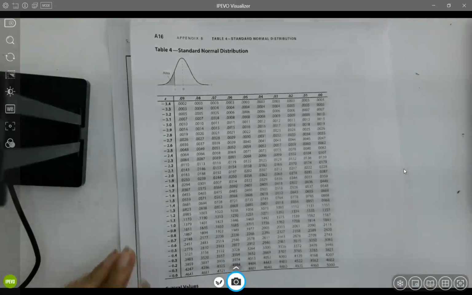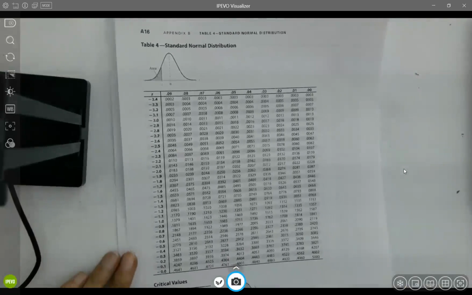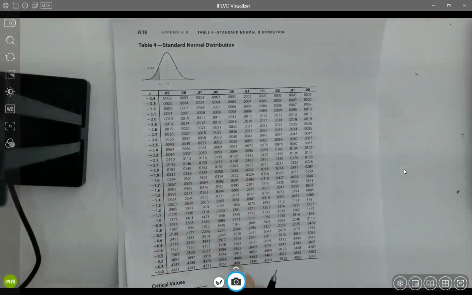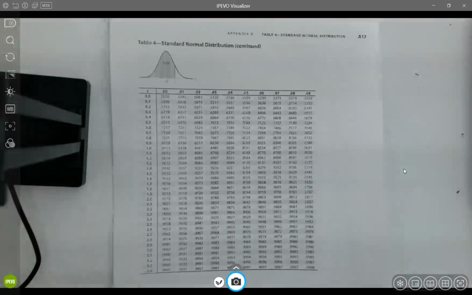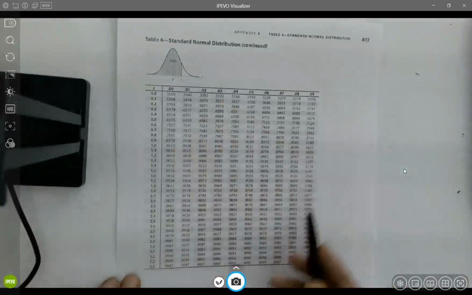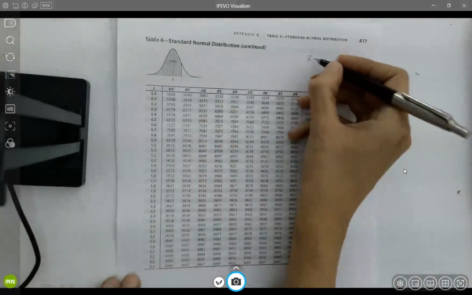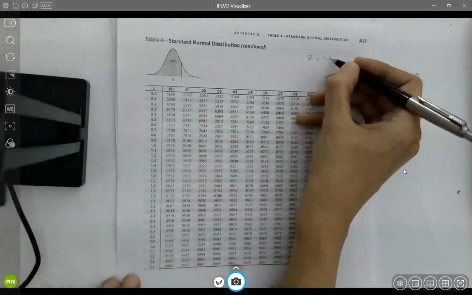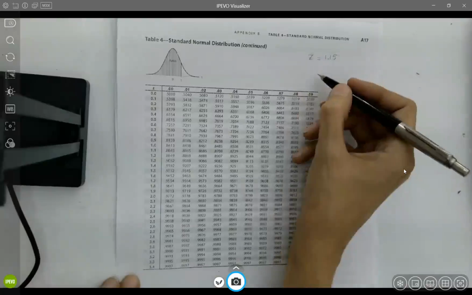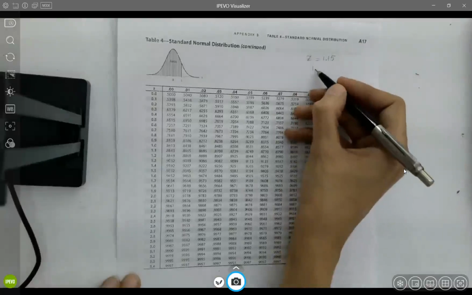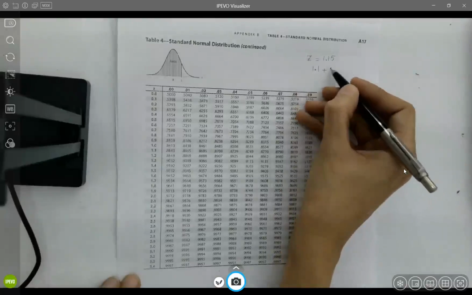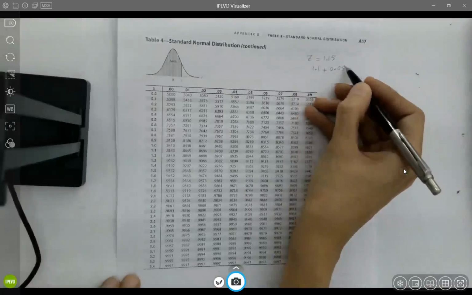So this is your Z table. It has negative numbers and it also has positive numbers. The number Z is 1.15, so 1.1 plus 0.05.